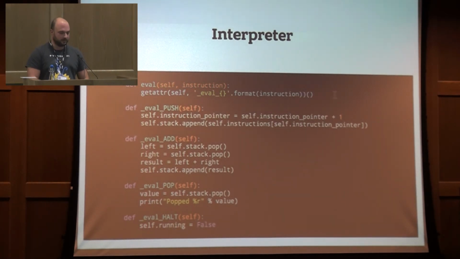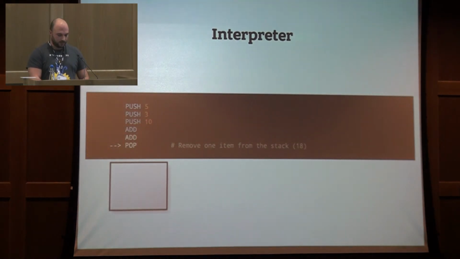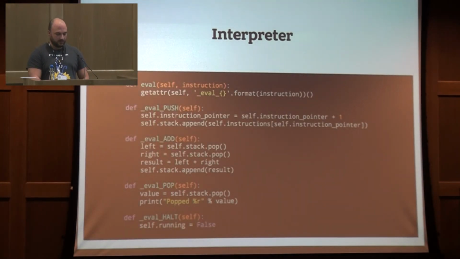It's not really difficult. In fact, for each keyword in my bytecode, I will execute the right function. In this case, I will eval push if I have push in my instruction. I will execute add if I have the add keyword, and the pop and the halt.